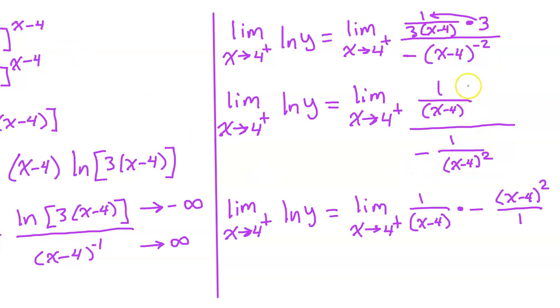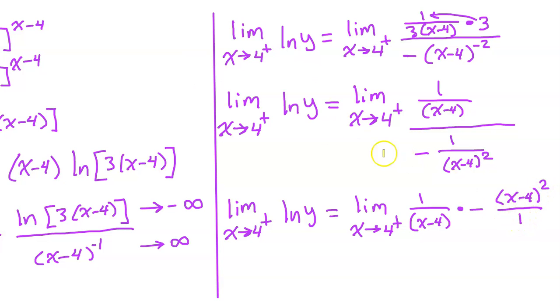But we know that when you divide a fraction by another fraction, you multiply by the reciprocal. In middle school, they might have said keep, change, flip, but this is AP calculus. So we're going to say we multiply by the reciprocal. So I have my 1 over (x − 4) right here, but I multiply by the reciprocal and I get −(x − 4)^2 over 1.